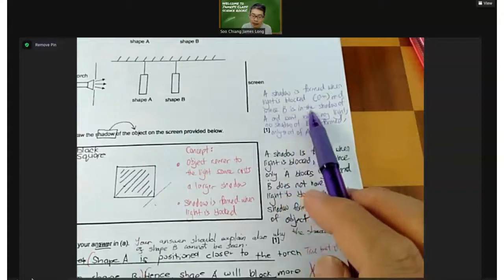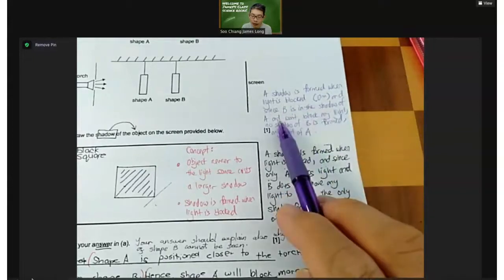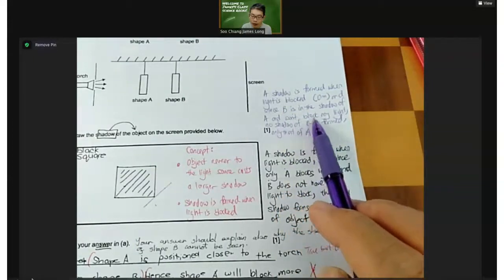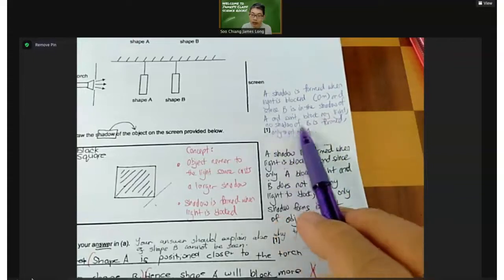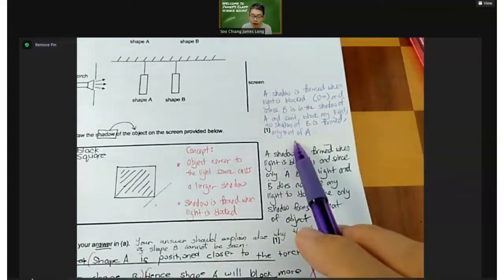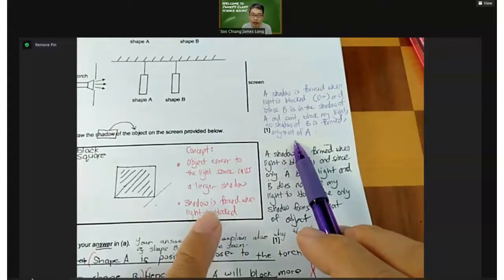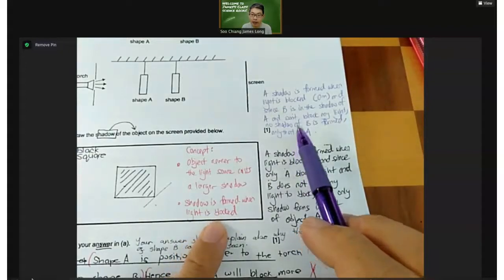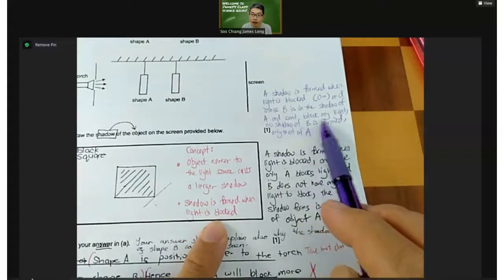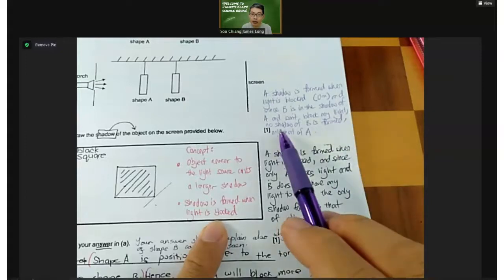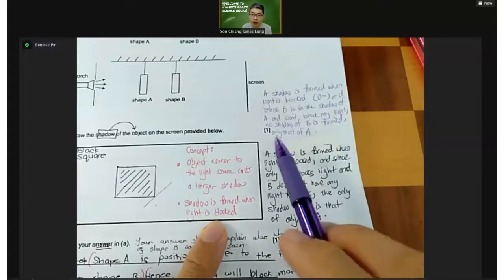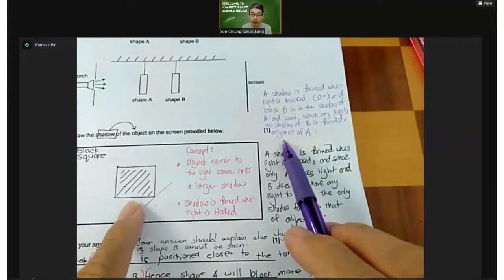And since B is in the shadow of A and won't block any light, no shadow of B is formed. Only that of A. So you see, I'm linking back to this idea. Shadow is formed when light is blocked. And since B won't block any light, no shadow of B is formed. Only that of A.